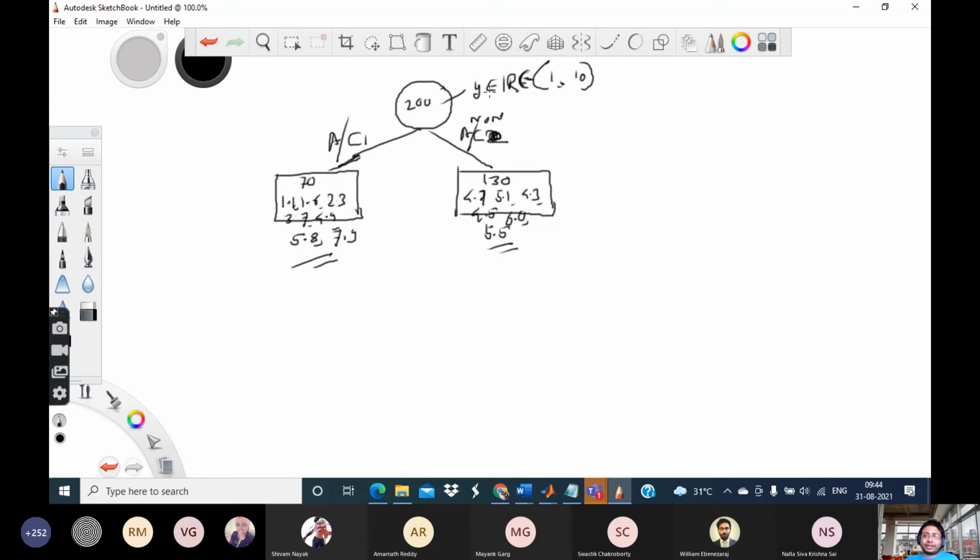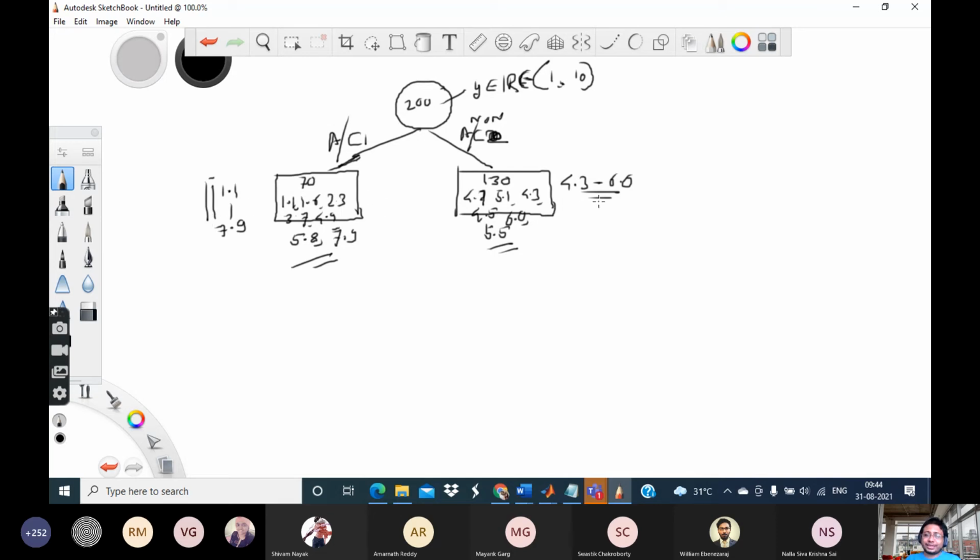If I want to predict the average rating, in which case is it easier? Non-AC, because all the values are roughly in a particular fixed level. Everything seems to be lying from say 4.3 to 6.0, in a small range. In the AC case, it can be as low as 1.1 or as high as 7.9.